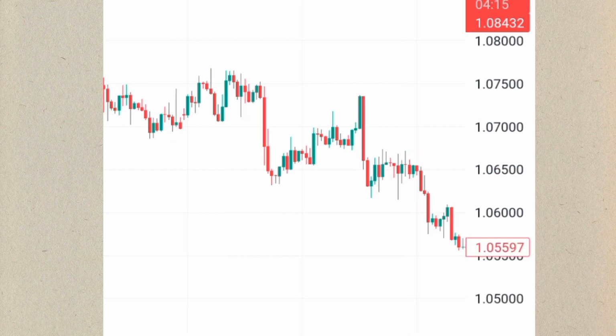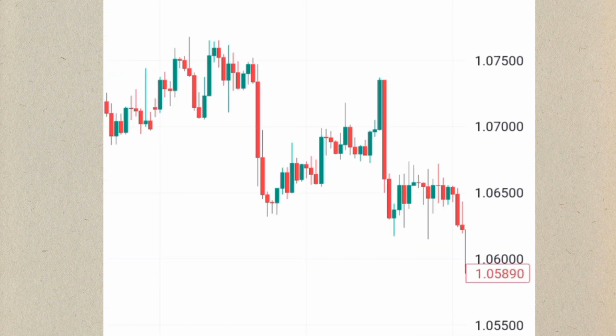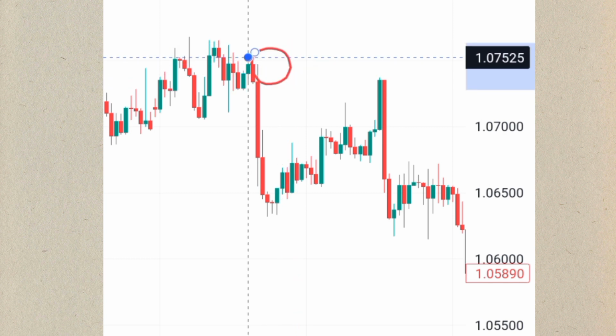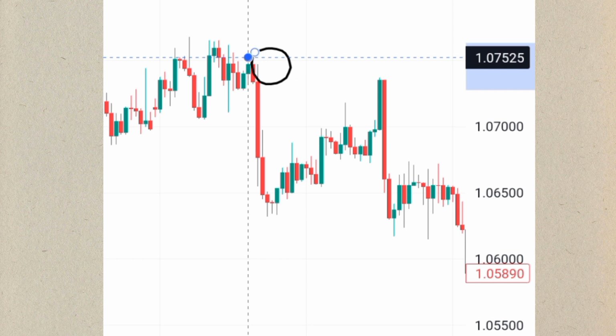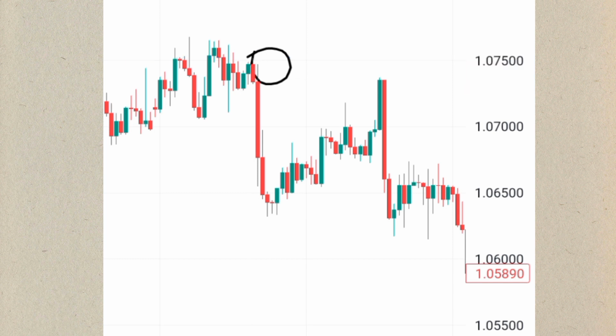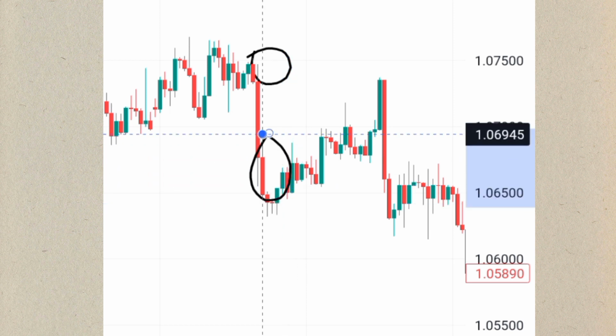For example, if I have this first bearish candle here, let me change the color to black, and this third one, and in the middle there is a long bearish candle, that means the market was moving rapidly.